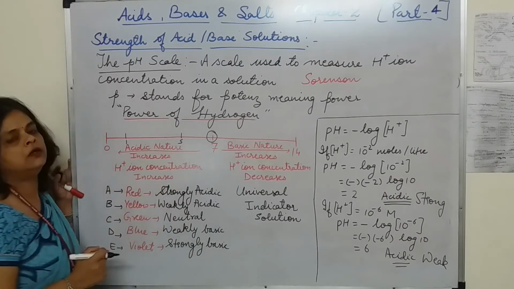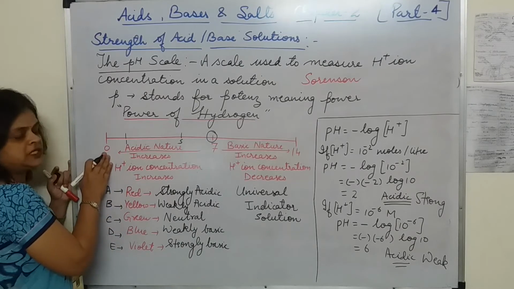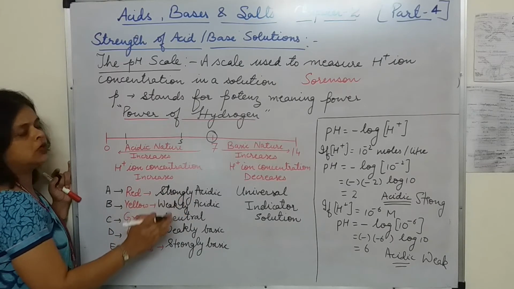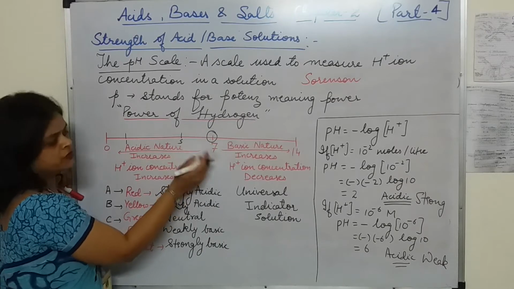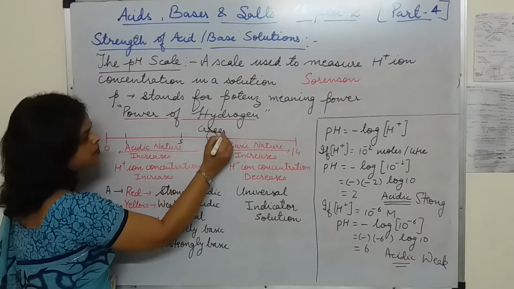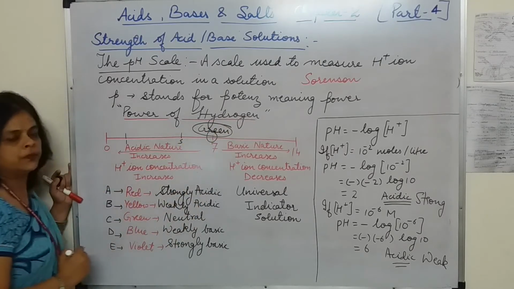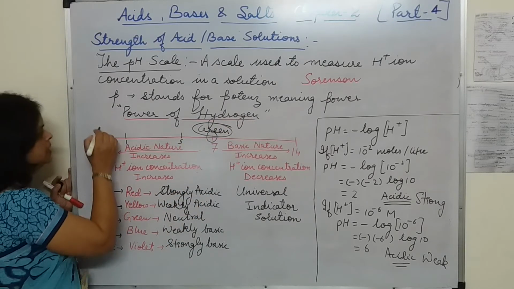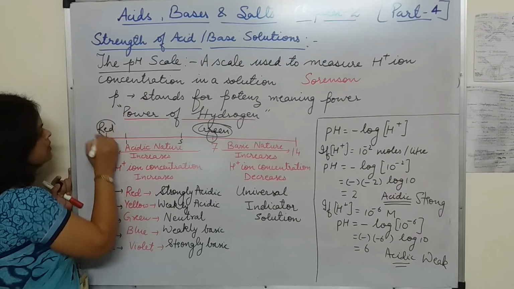So let's see here in this pH scale. If the pH is 0, what are we saying? Strongly acidic. 7, so we will start from here. If the pH is 7, that means the color will be green. If it is strongly acidic, here the color will be red.